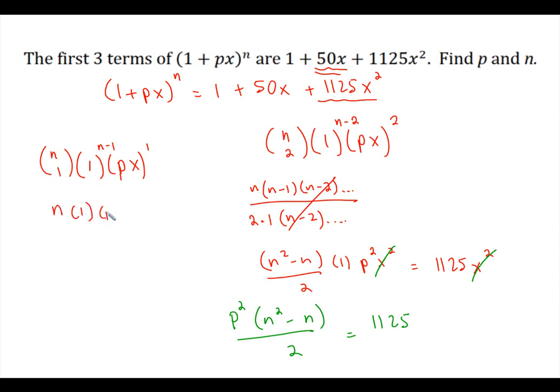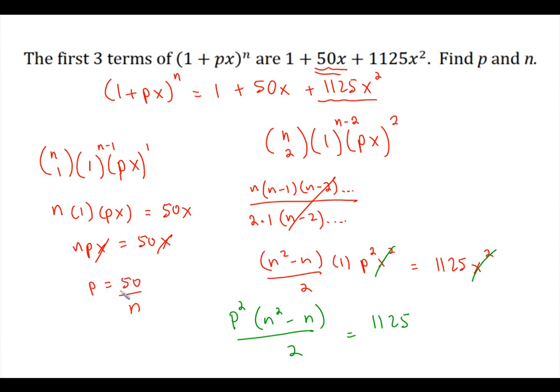And then this is just going to be p to the first and x to the first power, right? And this is going to equal this 50x. So we get n times p times x equals 50x. The x's divide each other out, right? So we know p is equal to 50 over n.